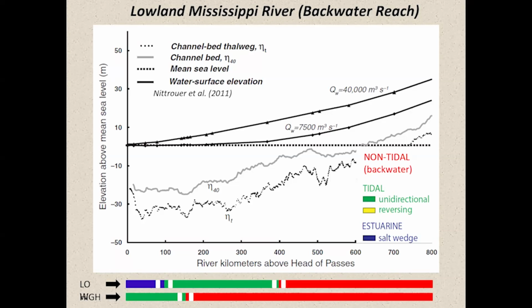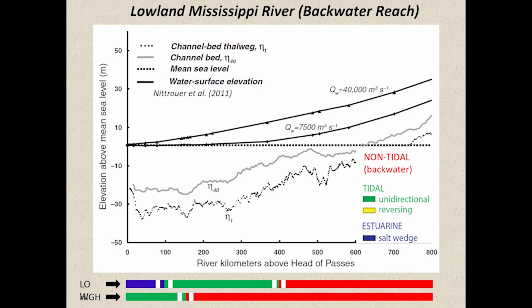And again, it isn't a singular system, right? You can envision a system that the upper part of the backwater reach tends to be non-tidal, reduced energies, but no tidal perturbations. Then we go into a reach as we approach the coastal ocean of tides in the Mississippi, because the Gulf of Mexico is so low, we never reach, or tidal perturbations in the Gulf of Mexico are so small, we never reach a reversing tidal stage down here in the system.